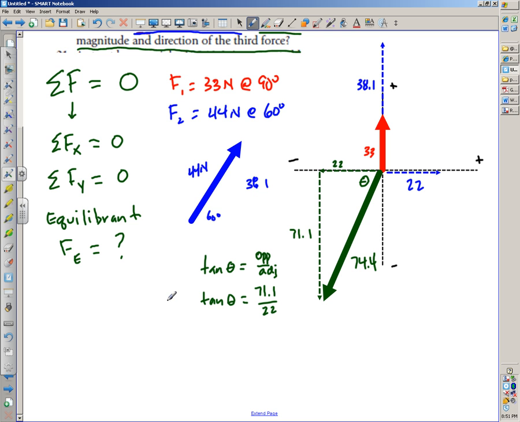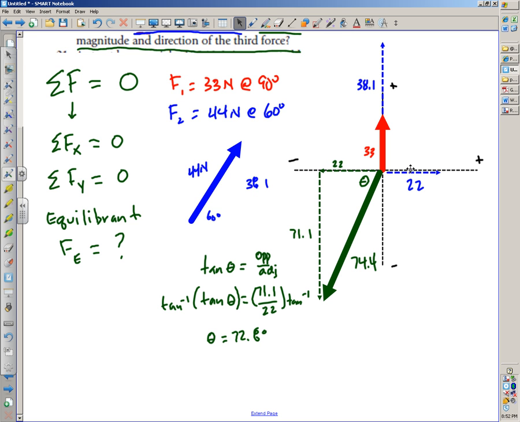So we said we figure this out by taking the inverse tangent of both sides. And in doing that, we find out that theta is 72.8 degrees. But it's 72.8 degrees away from the negative x-axis.